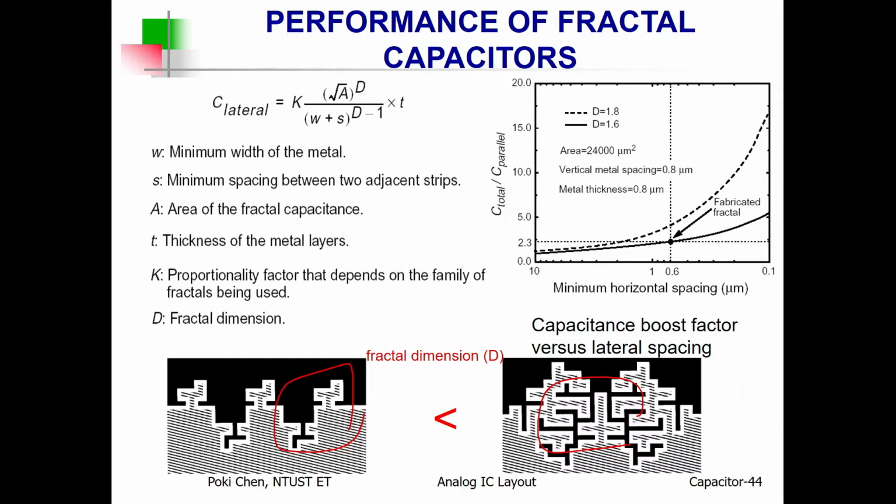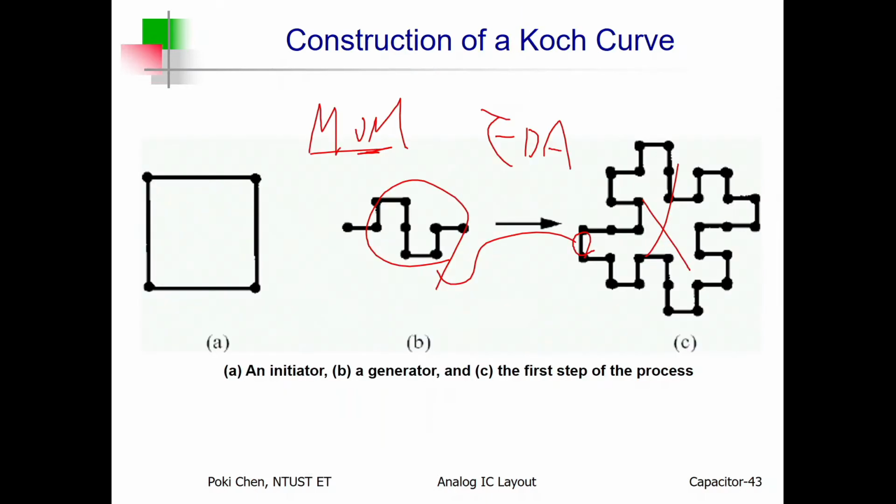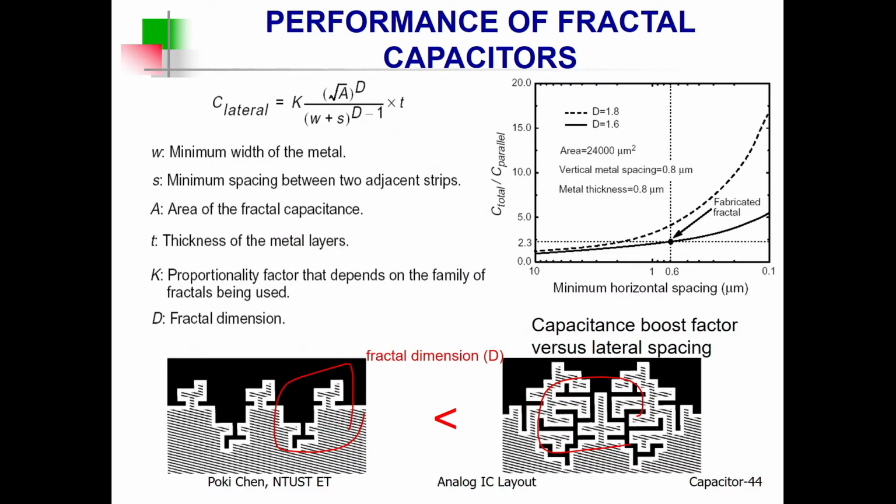So it means what? The more you apply such Koch curve generation, the more dimension for fractal geometry, the larger D you can achieve. And the larger D means what? The more capacitance per area you can generate compared to a parallel plate capacitor.